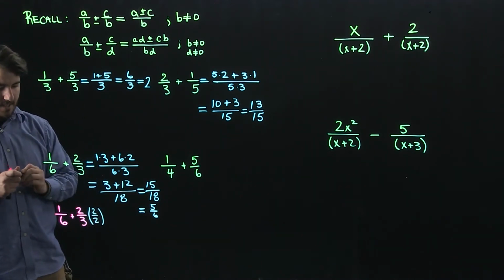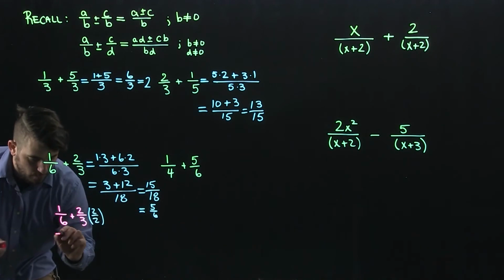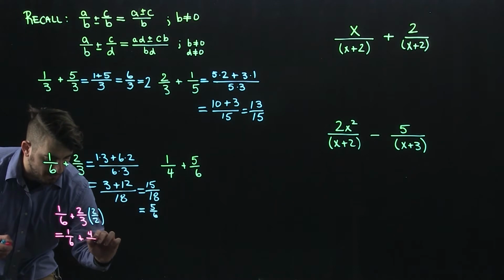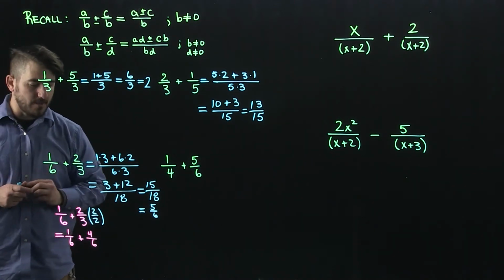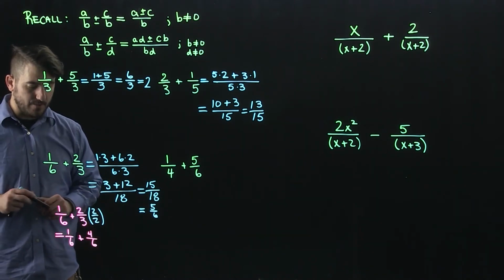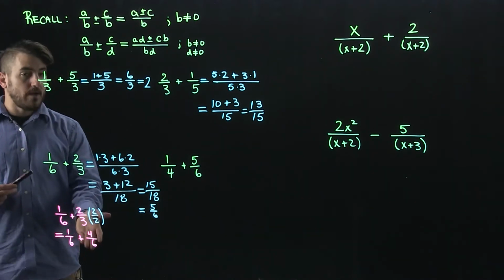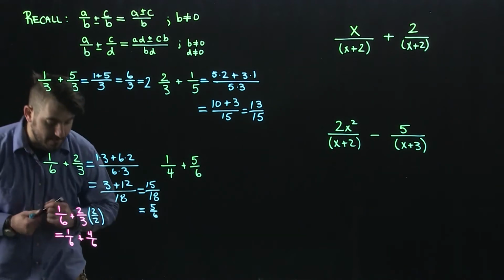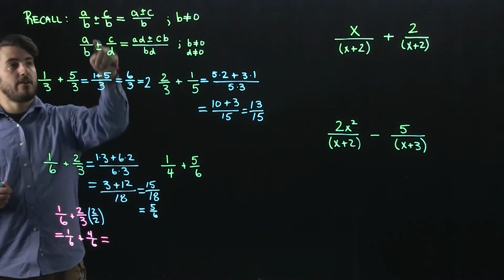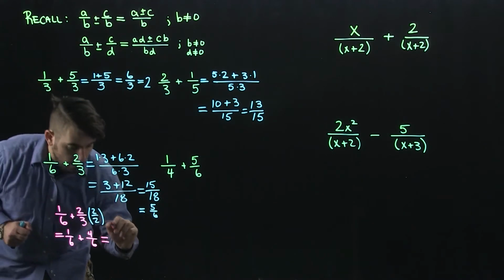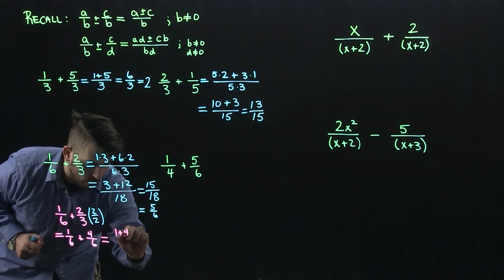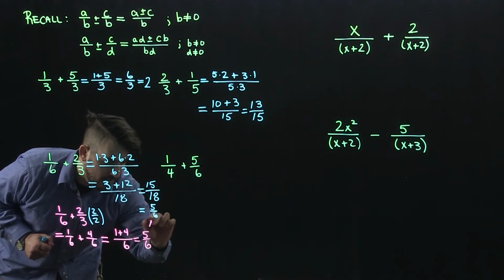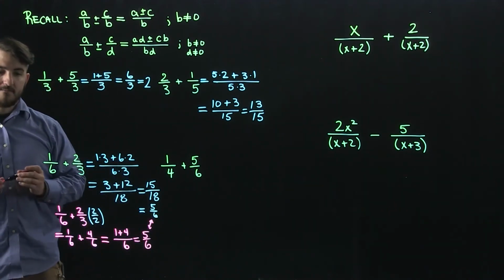And I get 1/6 plus 4 over 6. Again, if I were to reduce 4 over 6, I would get 2/3. But I don't want to do that because I want to keep it in two terms being common denominators. And so then, using the first property we have here, we get 1 plus 4 over 6, which equals 5 over 6. And we get the same answer between the two methods.